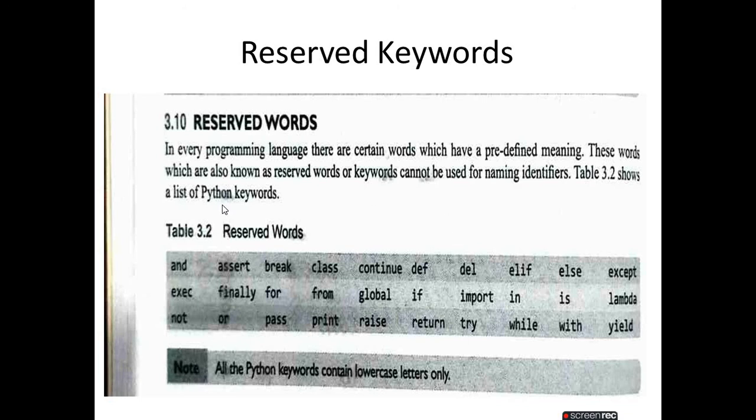In Python, the reserved words are: and, assert, break, class, continue, def, del, elif, else, except, exec, finally, for, from, global, if, import, in, is, lambda, not, or, pass, print, raise, return, try, while, with, yield.